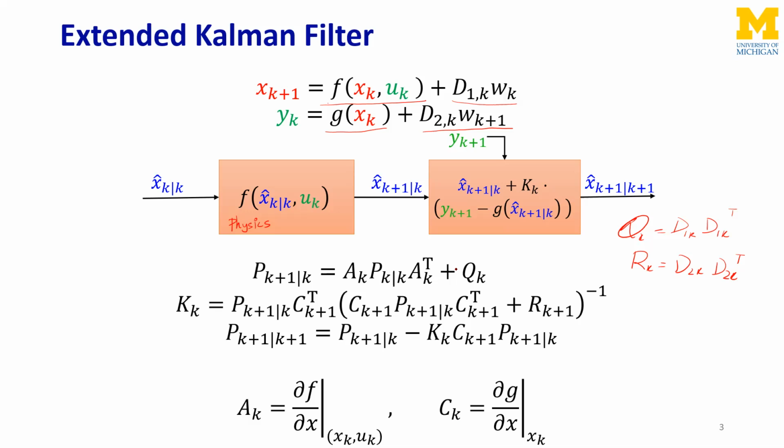Extended Kalman filter is basically the Kalman filter for a nonlinear system, but it's not optimal now because these covariance matrices which are propagated assume linear dynamics, and since we don't have linear dynamics, the gain K that is given by these equations is not going to be optimal for the nonlinear dynamics.